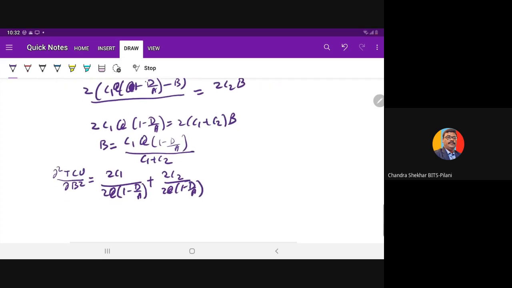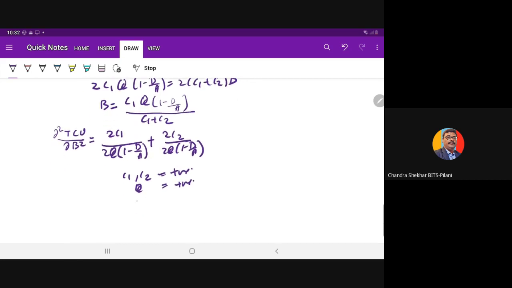So here you can see C1, C2 are the unit costs, positive, Q is the quantity, positive. A is greater than D, that we have assumed. This implies 1 is greater than D upon A, so 1 minus D upon A is positive.